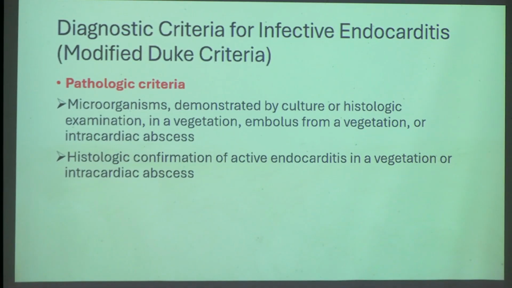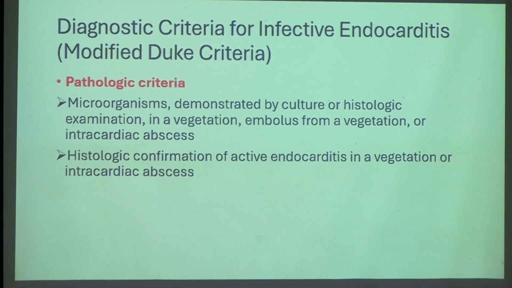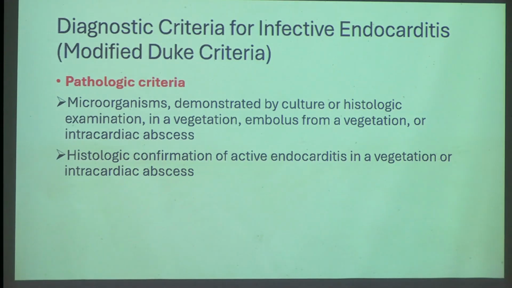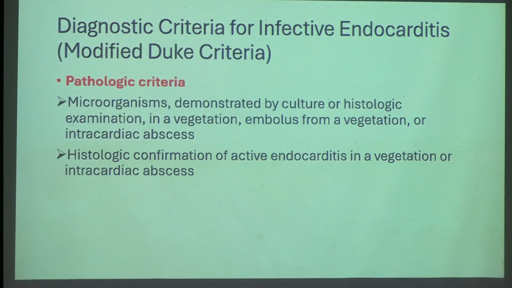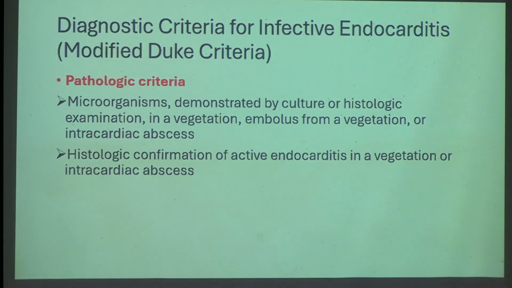This one is a very important diagnostic criteria, that is modified Duke's criteria for infective endocarditis, okay. So first one is pathologic criteria, okay. What is the pathologic criteria? So first is microorganisms demonstrated by culture or histologic examination in a vegetation, embolus from a vegetation, or intracardiac abscess, okay.